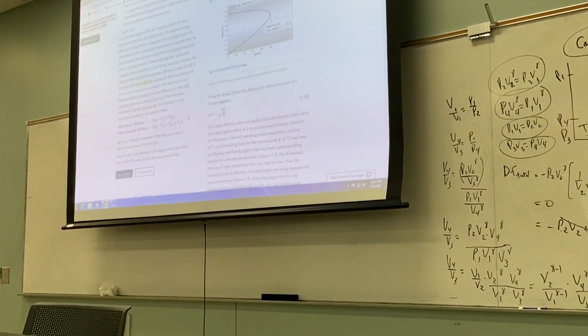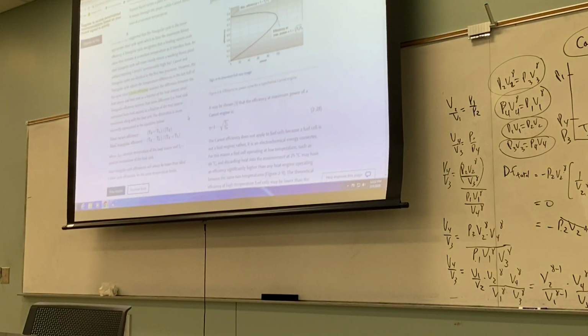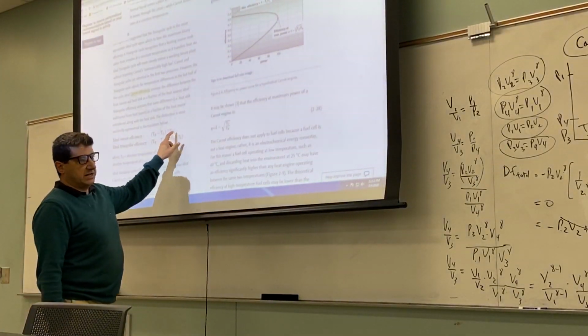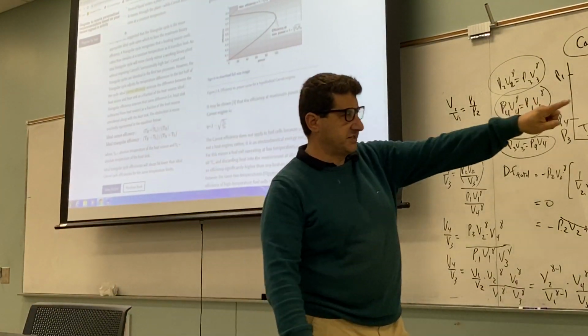Alright. Carnot, ideal Carnot efficiency: T hot minus T cold over T hot. Yeah, T hot minus T cold over T hot.